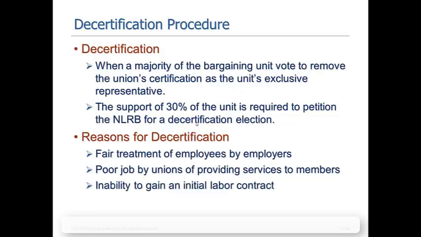And if a union cannot obtain an initial labor contract, then there's really no reason to be paying union dues. And if there are replacement workers being hired and business is going on as usual, again, the union is not serving its purpose.